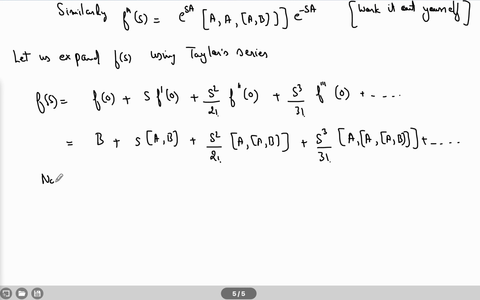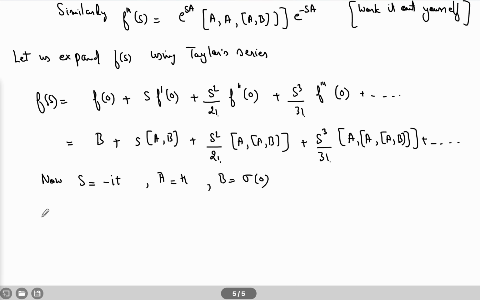Now if I substitute s equal to, let's say, minus it, a equal to the Hamiltonian and b equal to sigma naught, then what do I have?